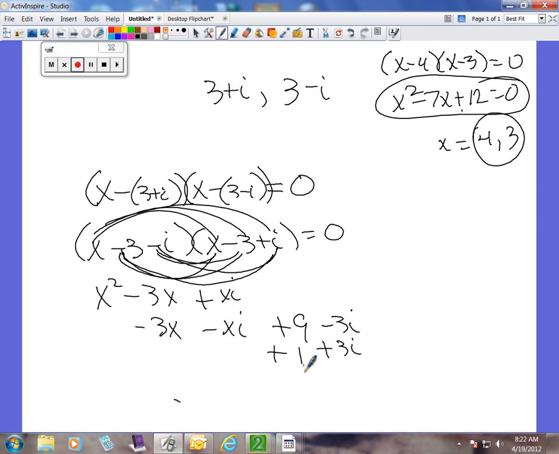Now, if I did this correctly, I should get a quadratic equation with no i's. So what's our final answer? So we'll have x squared minus 6x plus 10, and if you stop there, guess what? And some of you are still going to do it. This is not right yet.